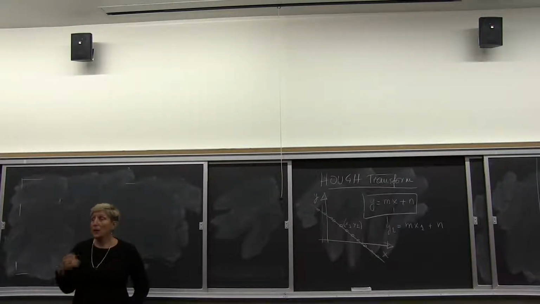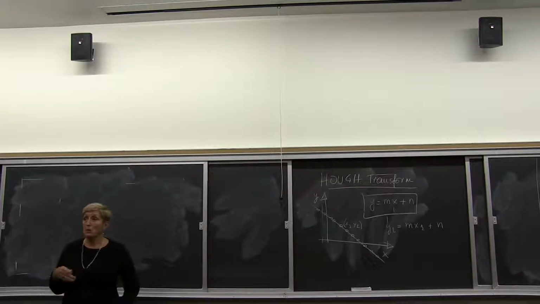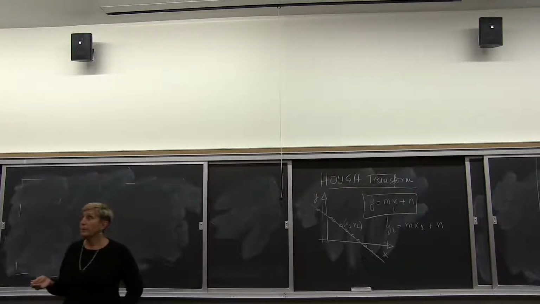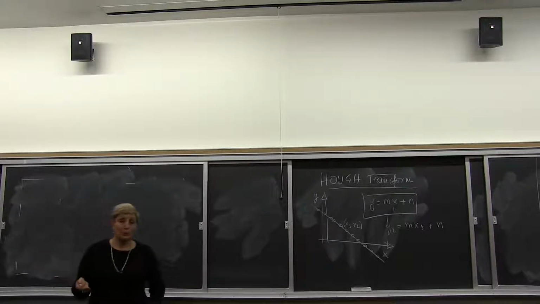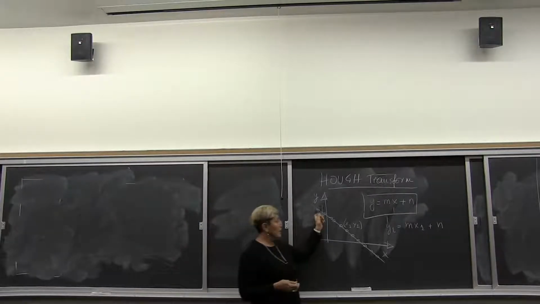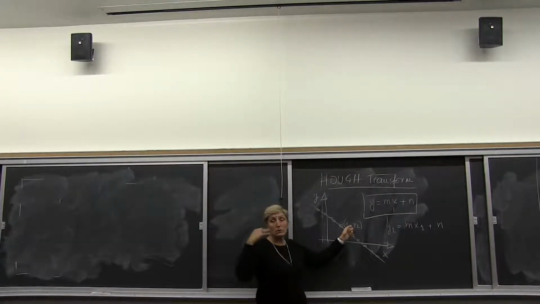So what I'm going to do is consider all possible orientations and all possible intercepts and discretize them. For each of these points I'm going to try different lines and see whether they verify the equation or not.